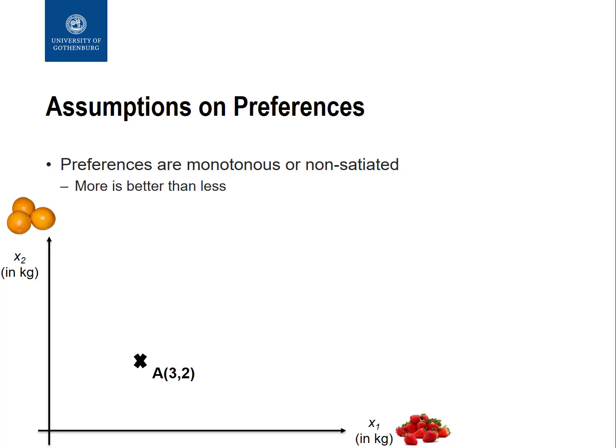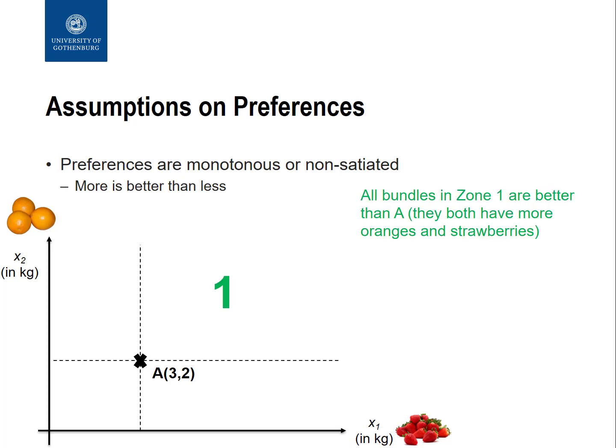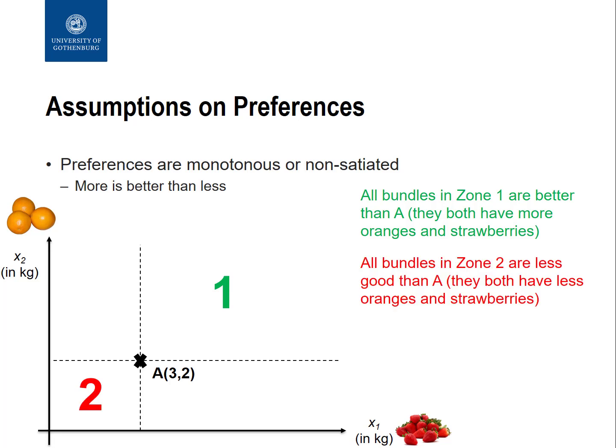We can divide the graph into 4 zones. In zone 1, all bundles are better than A because they both have more oranges and strawberries. In zone 2, all bundles are less good than A because they both have fewer oranges and strawberries.